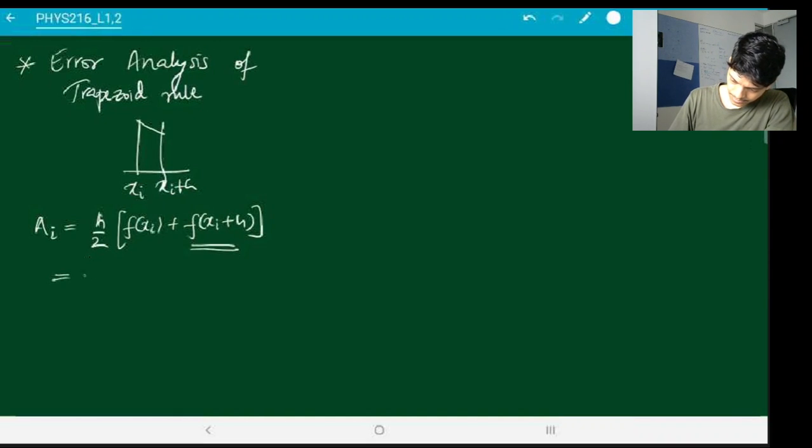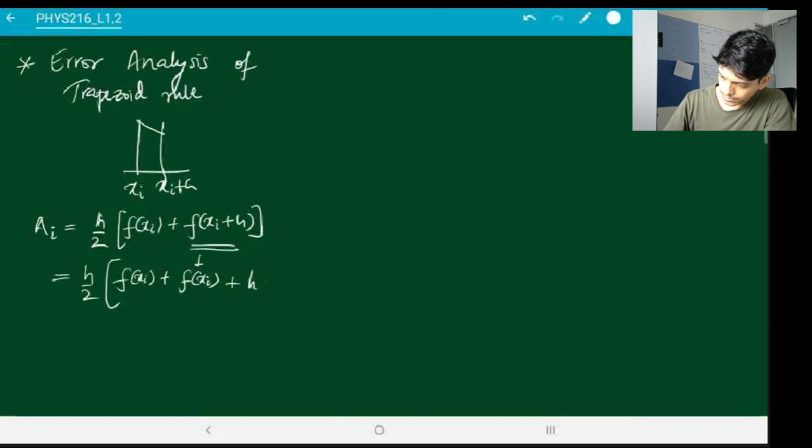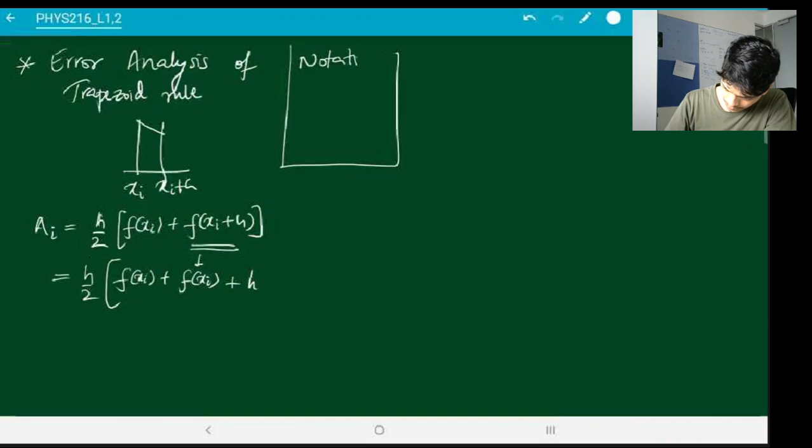So this becomes f of xi plus h times df by dx. There's one notation I will use here, which I don't know if you have come across before. The derivative is written as f prime, the second derivative is written as f prime prime, and so on.